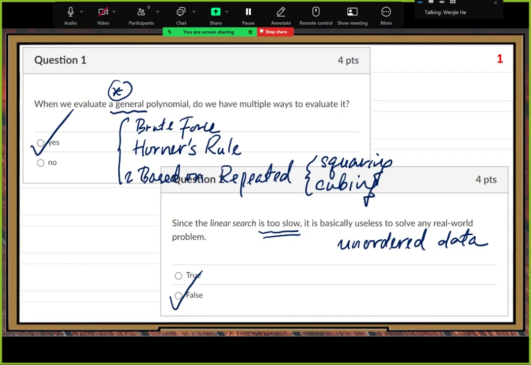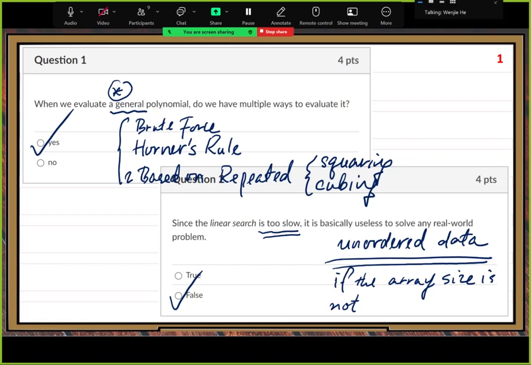But the problem is sometimes we have an unordered array, but the array size is not large.